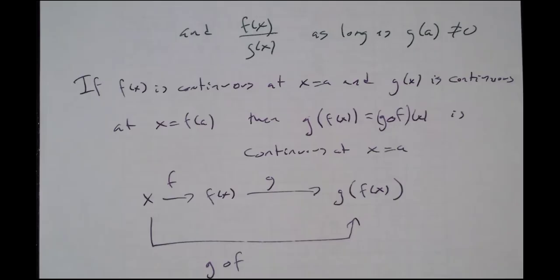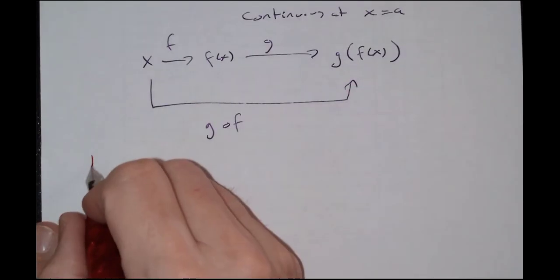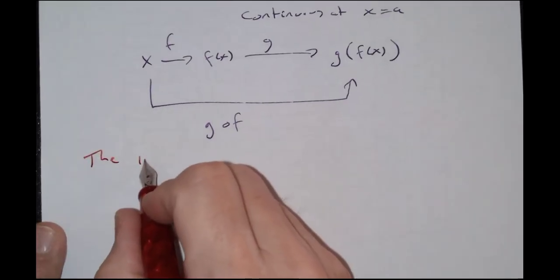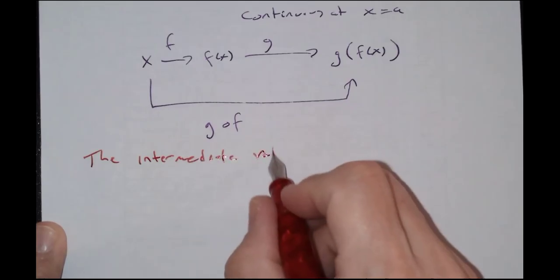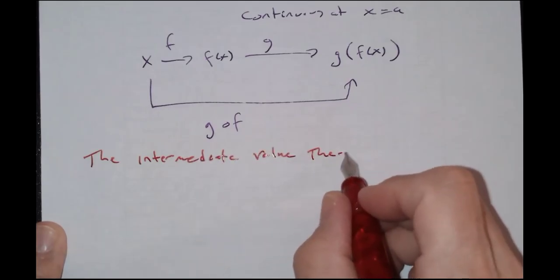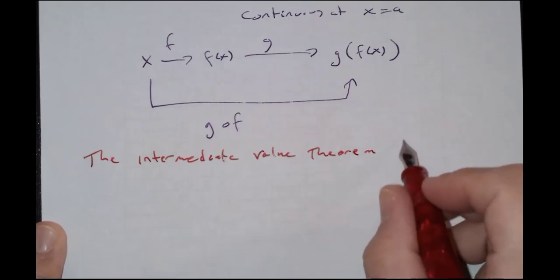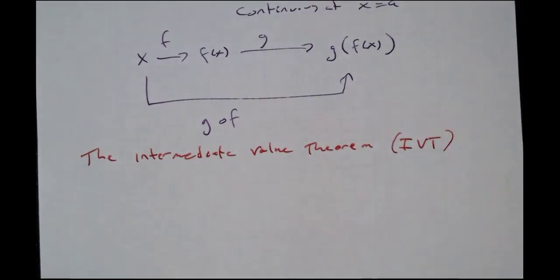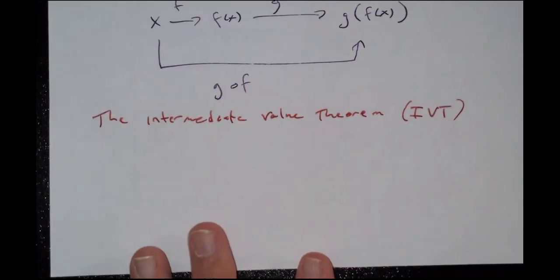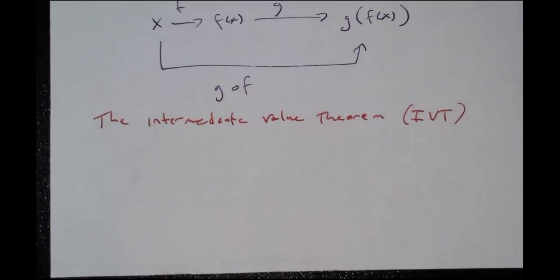There's a really nice result that comes out of the idea of a function being continuous: the intermediate value theorem. The intermediate value theorem requires me to have a function that is continuous on an interval.